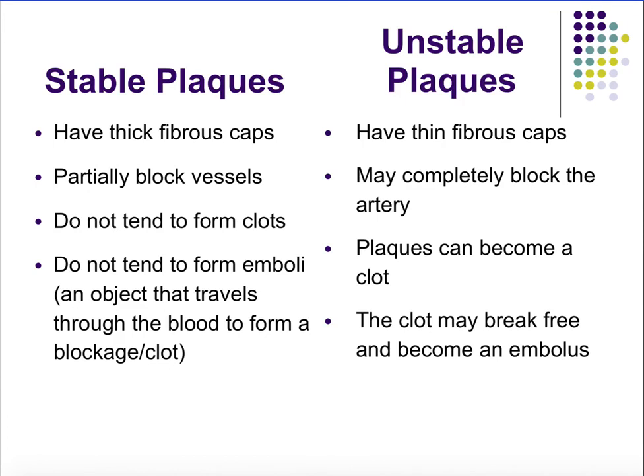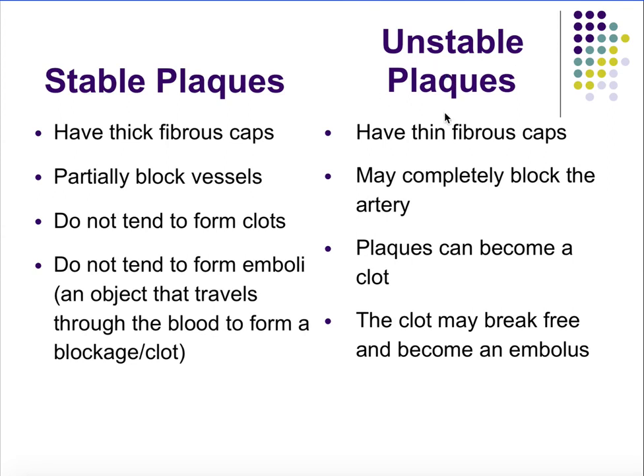So what happens is it tends to not balloon and grow really big to block the entire blood vessel. As a result, it typically just partially blocks the blood vessel. Also, because it only partially blocks the blood vessel, it doesn't tend to form a complete clot. And because that nice thick cap around it is more stable, it doesn't tend to break off to form an emboli. So it's stable, it stays where it is.